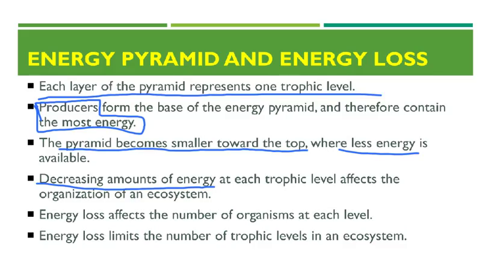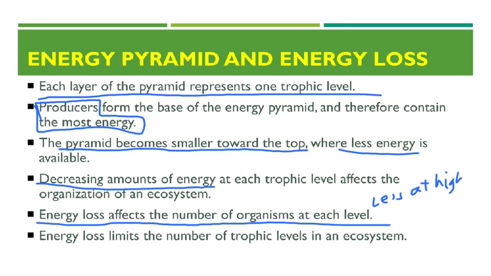So the energy loss influences and affects the number of organisms at each level. There are less at high levels in the pyramid. And energy loss limits the number of trophic levels. The more energy in the ecosystem as a whole will allow for more trophic levels in that energy pyramid.